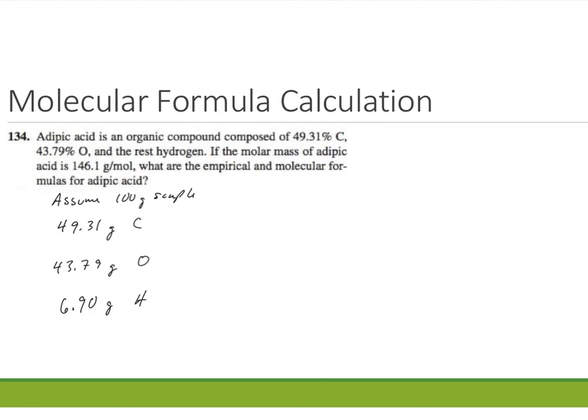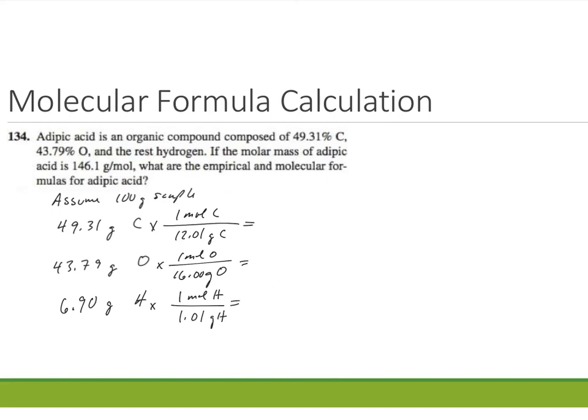I'm going to convert these into moles by using the molar mass. 1 mole of carbon is 12.01 grams of carbon. 1 mole of oxygen is 16.00 grams of oxygen. And 1 mole of hydrogen is 1.01 grams of hydrogen.